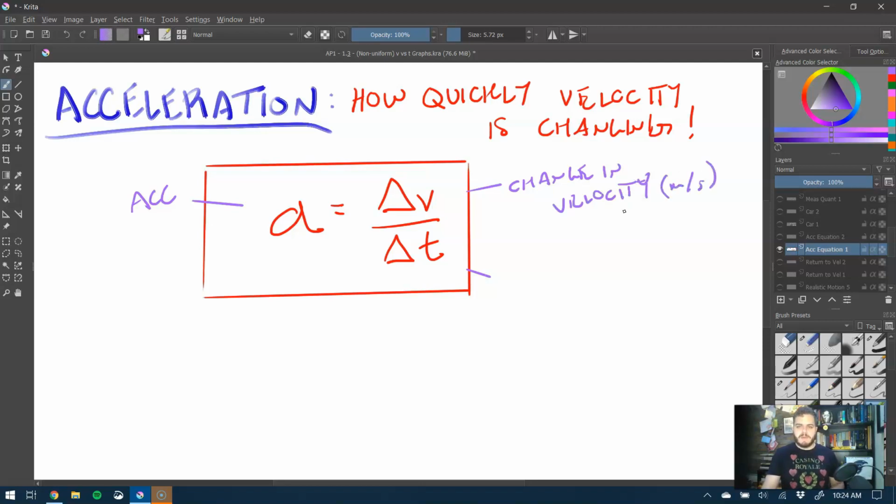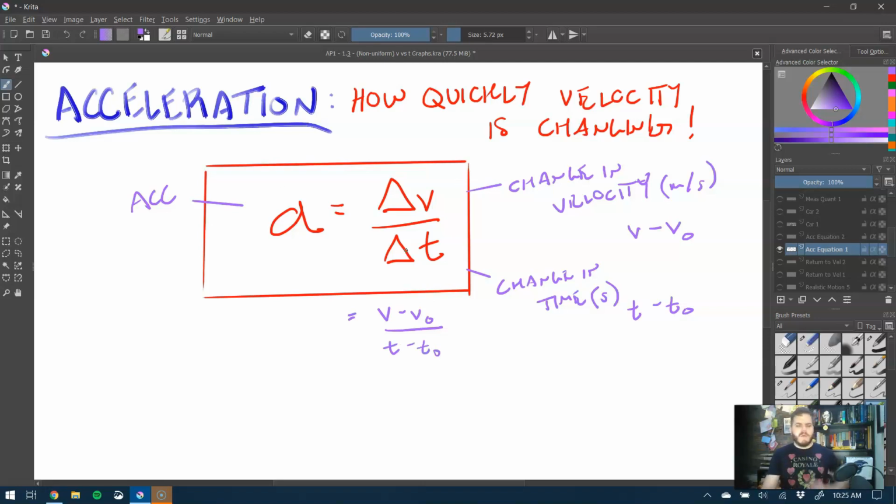And as a reminder, this is the same thing as v minus v naught, the final minus the initial. We could plug that in right there. And this is the change in time in seconds, which we could rewrite as t minus t naught. So if I wanted to, I could rewrite this equation as v minus v naught over t minus t naught. It's the exact same thing, but this is a more concise way of writing it out.